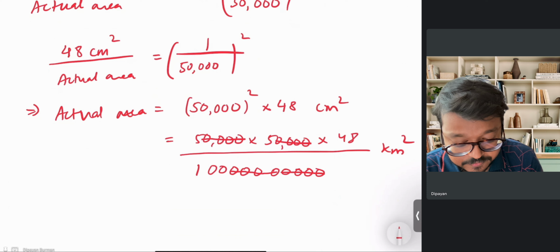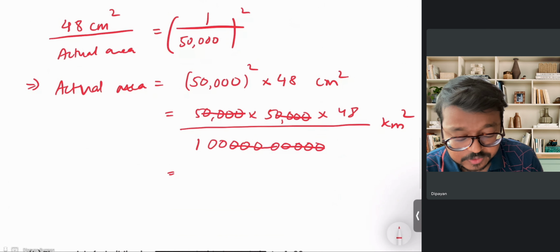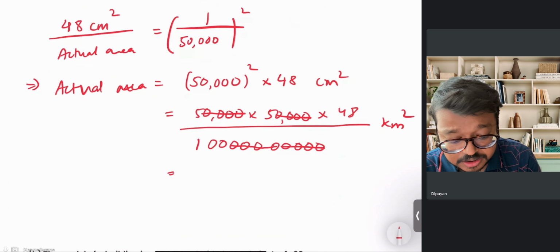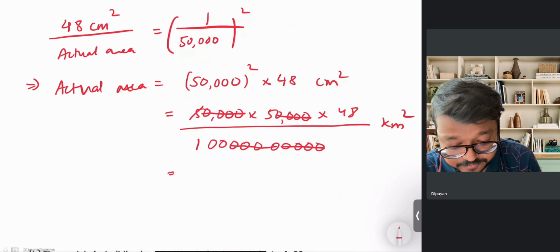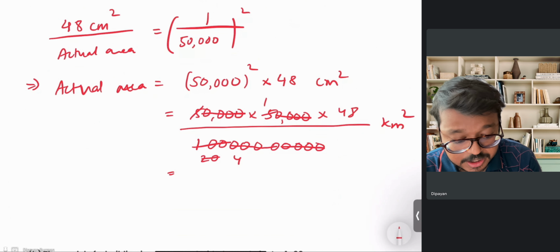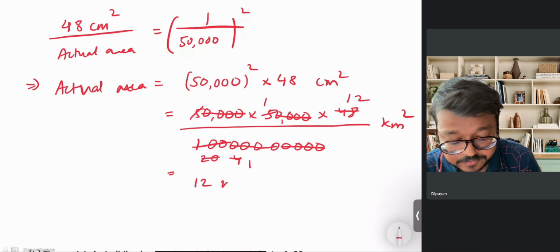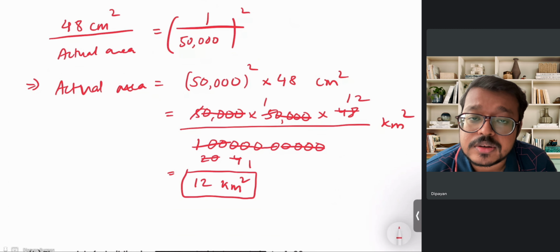So then we have 5 into 5 into 48 by 100. So if you do the calculation, we will have, let's say 5, and this is 20, this is 1, this is 4, and 48 by 4 is 12. So 12 square kilometer. That's the actual area of the rectangular plot.